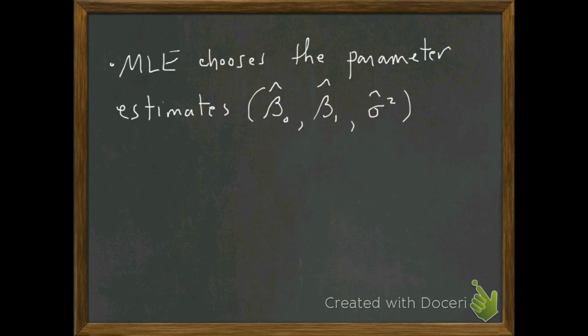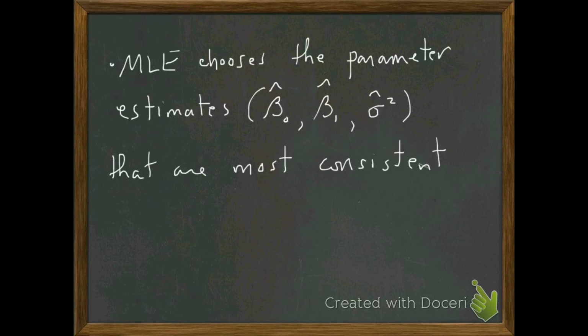These are used to estimate the parameters that are most consistent with our data. So in other words, MLEs kind of work in reverse in that we look at our data first and then work backwards, trying to find the parameters, or at least the parameter estimates, that seem to best fit our data.